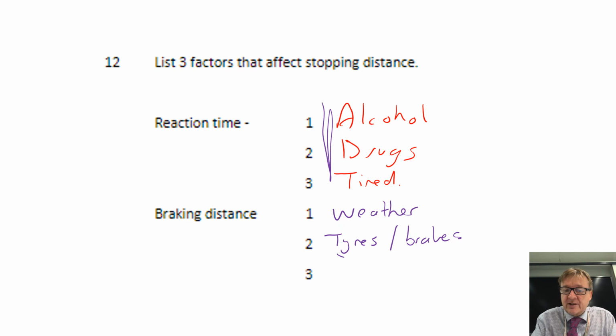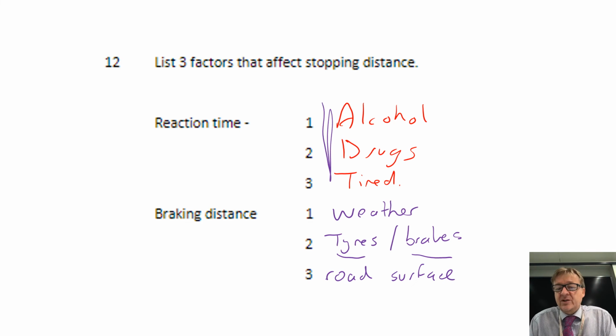They check your tyres and they check your brakes, to make sure your tyres aren't bald, if they're bald they've got no tread, and to make sure your brakes are working properly. And the third one could be the road surface. Okay, a road surface that has got ice on it, which is kind of a combination with the weather, or a road surface that's a bit tired and a bit slippy potentially. Right, they're factors that affect stopping distance.